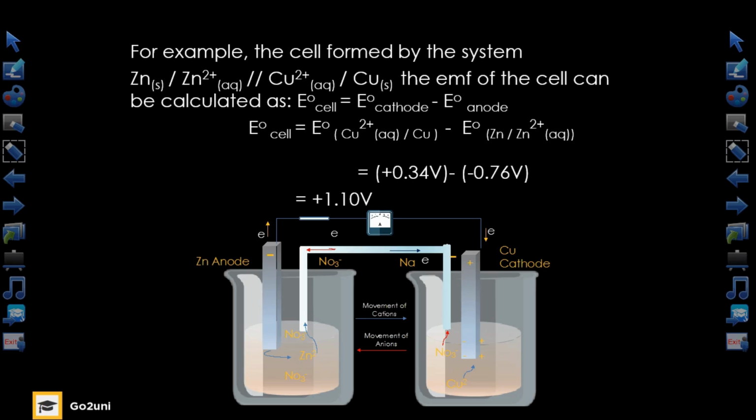We have said before that what takes place at the cathode is reduction, while oxidation takes place at the anode. Looking at the cell arrangement, zinc to zinc 2 plus is oxidation, while copper 2 plus to copper is reduction.